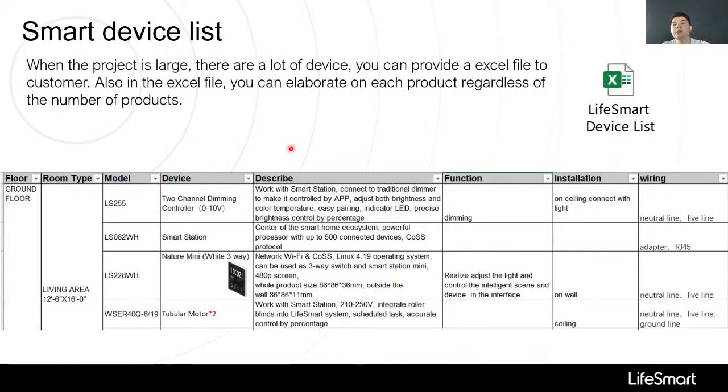And when the project is large, there are a lot of devices. You can provide an Excel file to the customer. Also in the Excel file, you can elaborate on each product: floor, room type, model, device, function description, installation, and wiring.